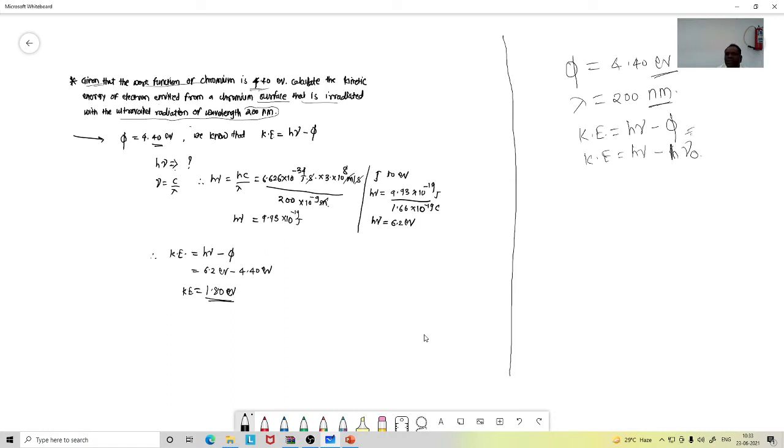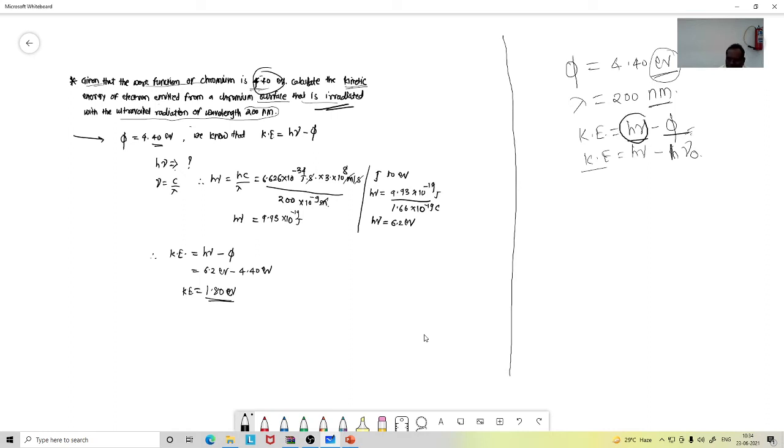This value is given in electron volt. Therefore what we have to calculate is the kinetic energy of the ejected electron. So kinetic energy is given by h nu minus phi. Phi is given, that is 4.40 electron volt.